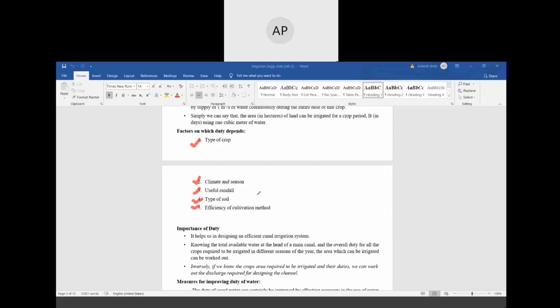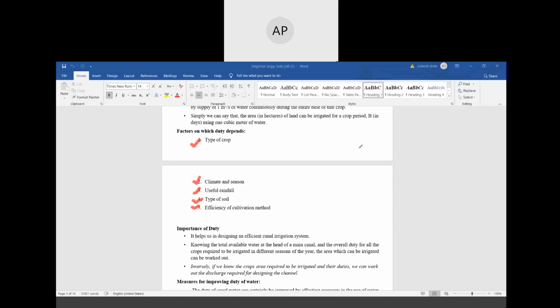Duty means what? The area, and delta means what? The depth of water. The depth of water required is called delta, and duty is the area that can be irrigated. Area is called duty.